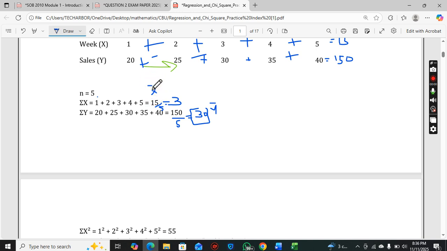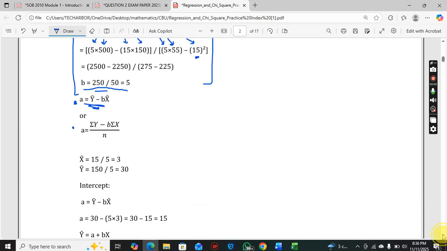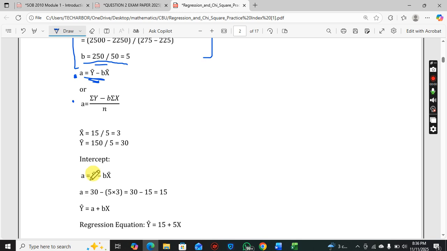Okay. Once you get the averages, you just put back in the formula. The average of y was 30. Our slope that we calculated was 5. X bar 3. 5 times 3, 15. 30 minus 15, 15.